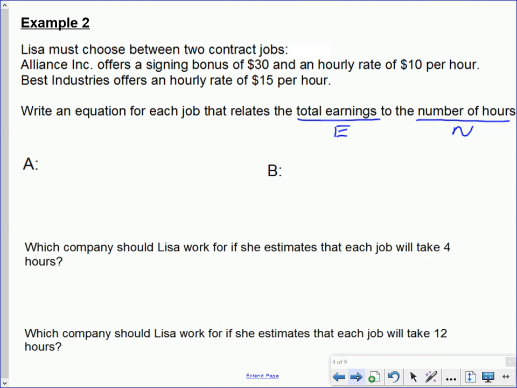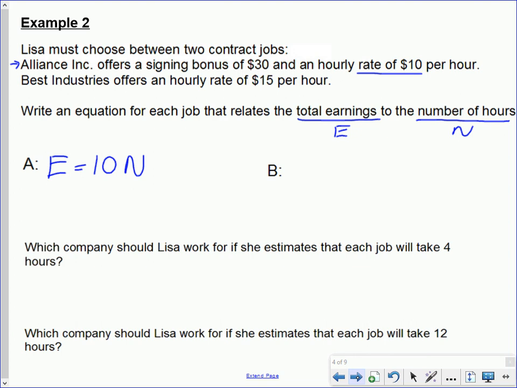For Alliance, the signing bonus is $30 and the hourly rate is $10 an hour. So the rate has got to be $10 per hour here. So our equation is going to have the form E equals something times N, and then something added or subtracted. So that rate of $10 is going to go in here.